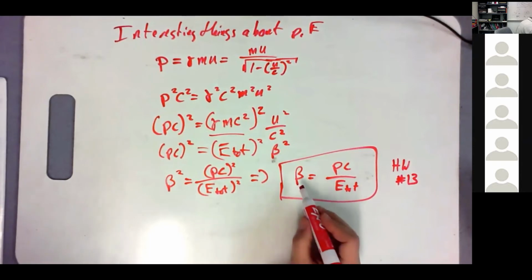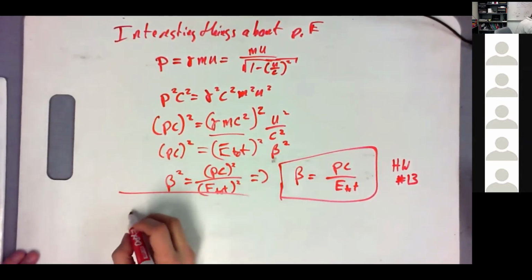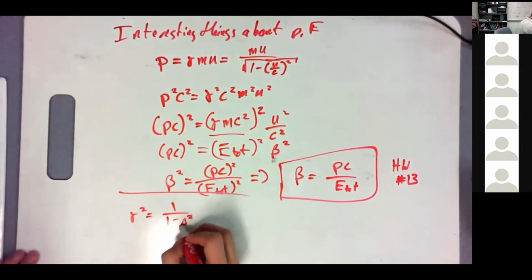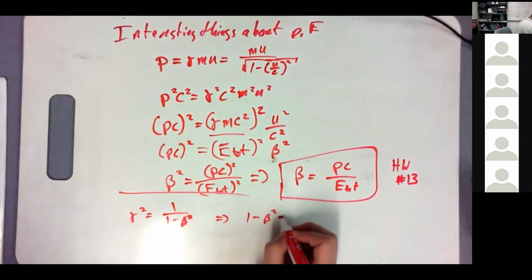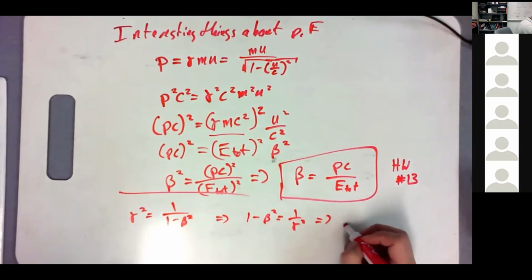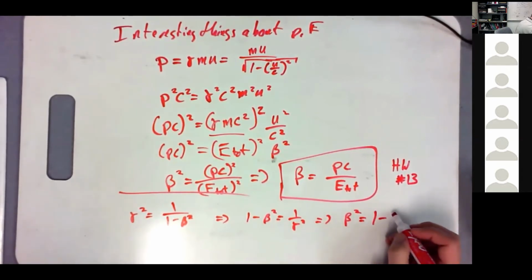Okay, we can eliminate beta altogether because we know that gamma squared is 1 over 1 minus beta squared. So 1 minus beta squared is 1 over gamma squared. And that means that beta squared is 1 minus 1 over gamma squared.